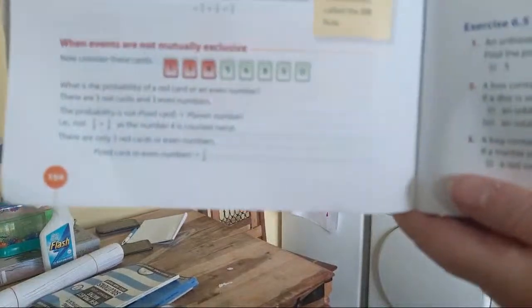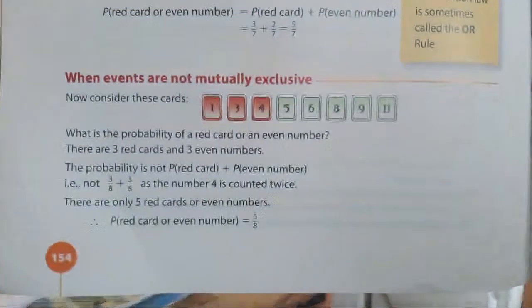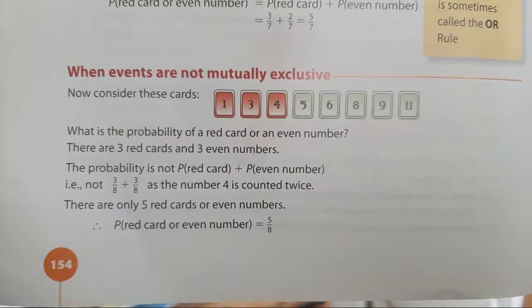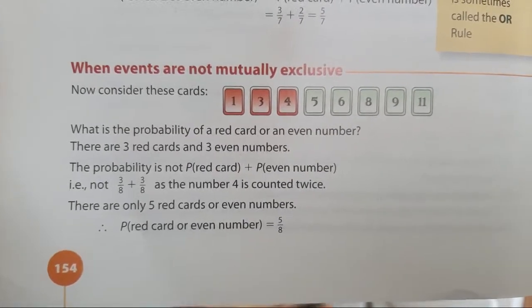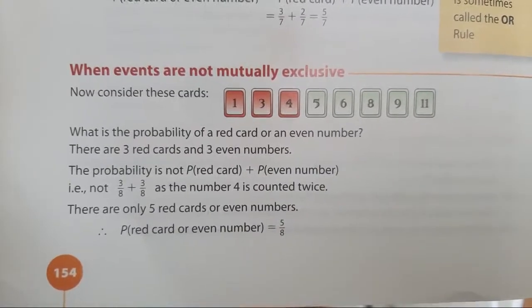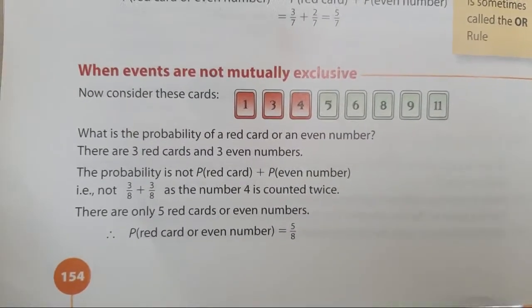Okay, so you have the cards 1, 3, 4, 5, 6, 8, 9, and 11. So if you're asked what's the probability of a red card or an even number.